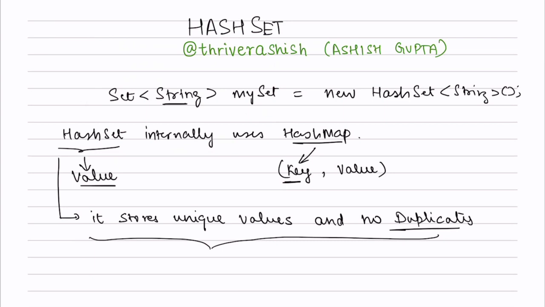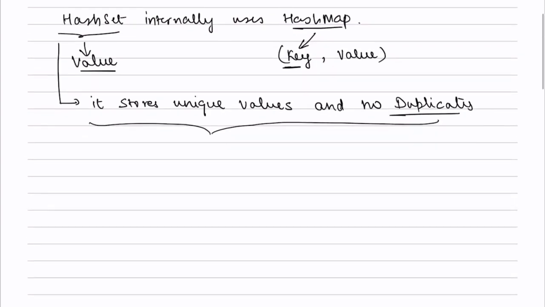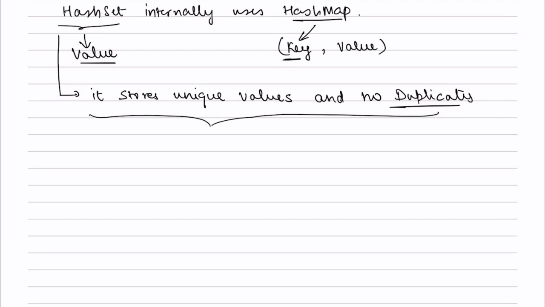Basically, whatever value you add in HashSet like this, my set dot add, let's suppose I'll say Ashish, how will it be added internally?